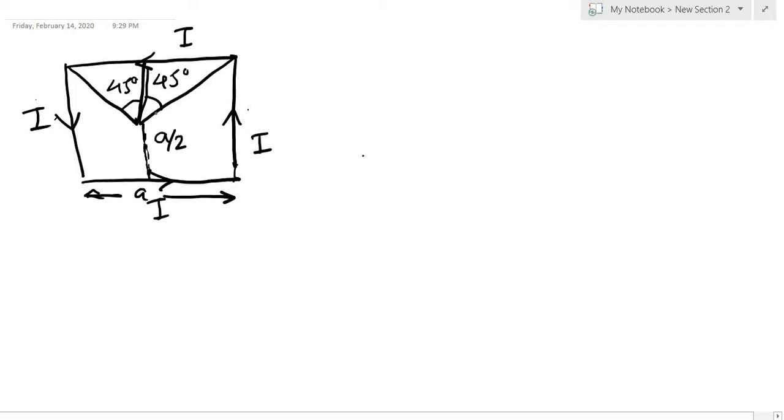And now they're telling us to find the magnetic field at the point at the center O. So basically now you should understand that the total magnetic field contribution at O, B net, is because of side AB, side BC, side CD and side DA.